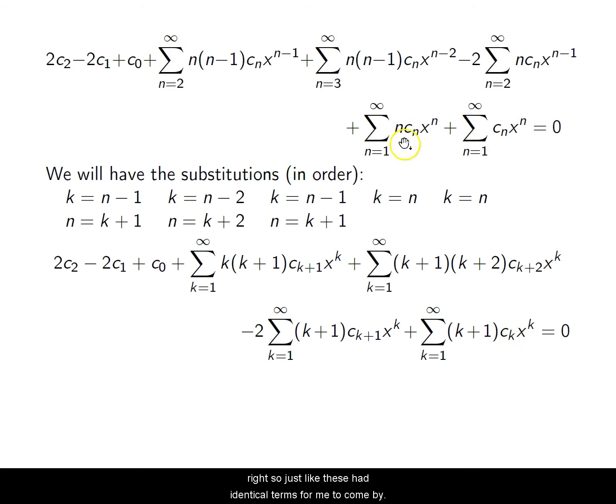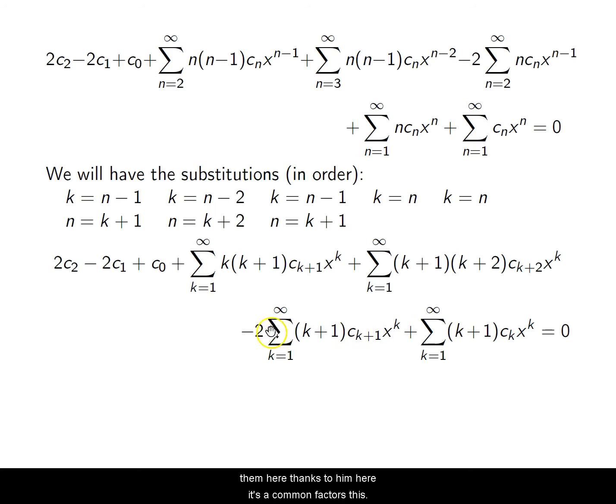So just like these had identical terms for me to combine, these two have identical terms for me to combine, right? They both have c_(k+1) x^k, but they also both have k plus 1. So there's k plus 1 c_(k+1) x^k's here, and there are negative 2 k plus 1 c_(k+1) x^k's here.